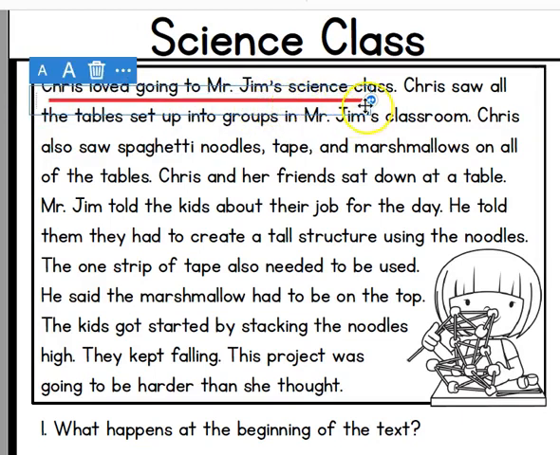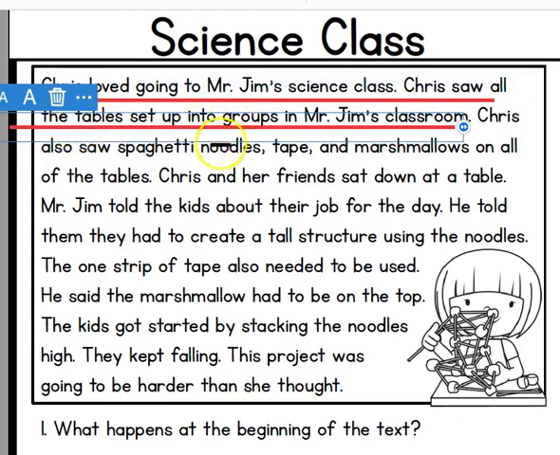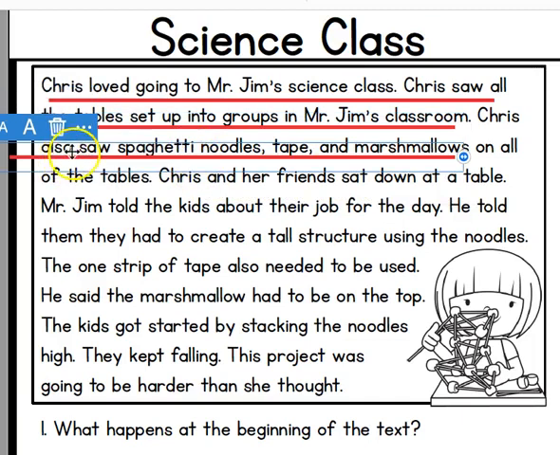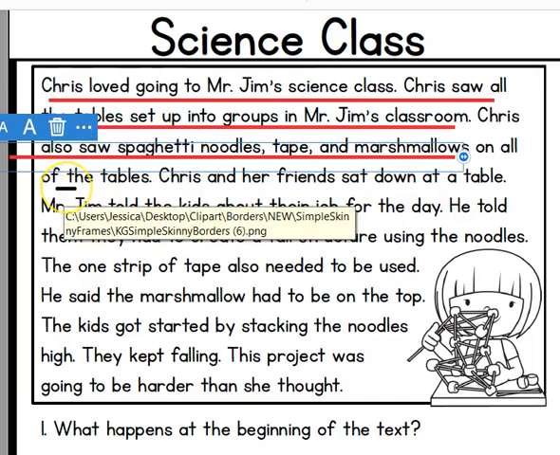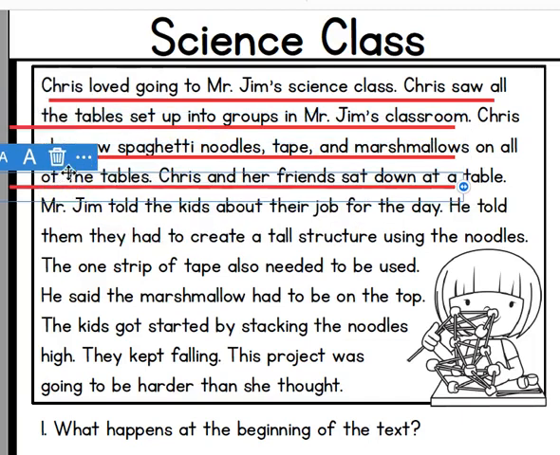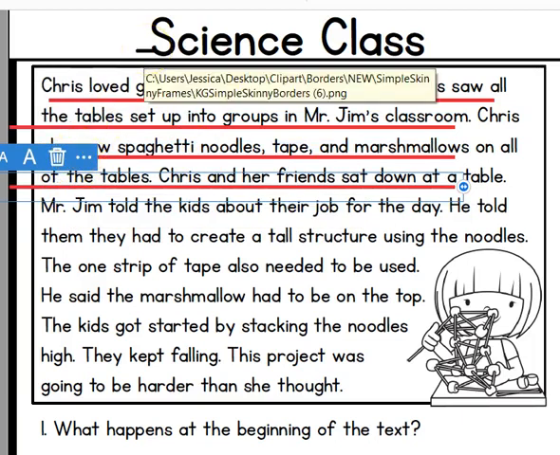Chris saw all the tables set up into groups in the classroom, and he saw the spaghetti noodles, tape, and marshmallows on all of the tables. Okay, so they sat down at one of the tables.